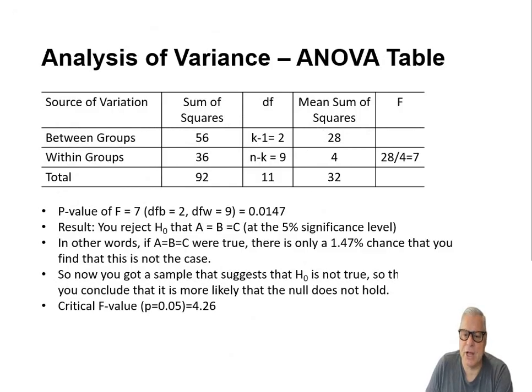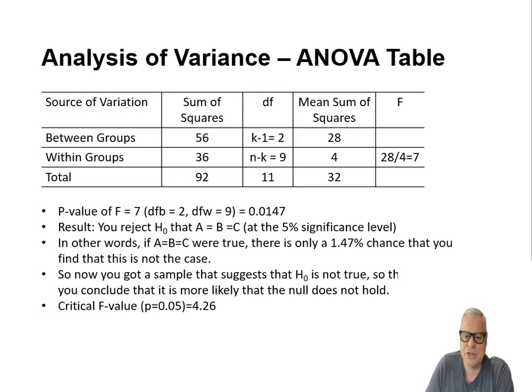And then we average it out over the degrees of freedom. The way you can think of it is that we essentially average out the variation per group, and the higher that is, the greater the variation per freely varying group, the more can be attributed to the groups. So we average it out over the between groups, and then we get 56 over 2, which is 28.